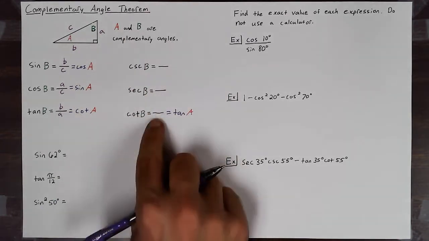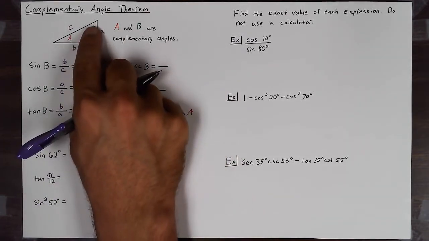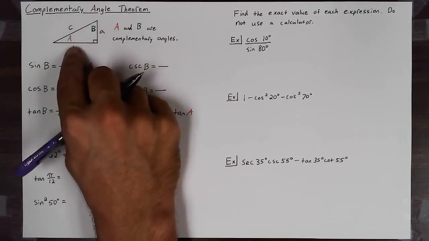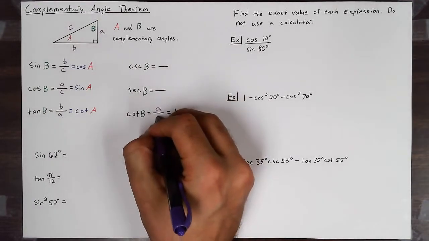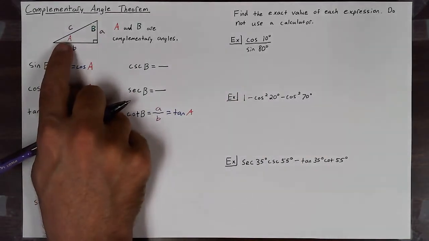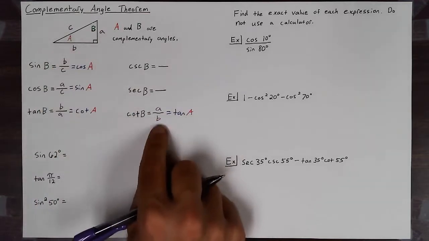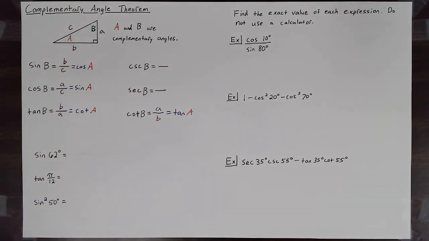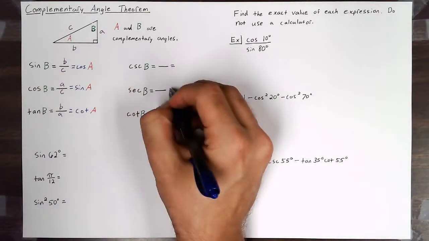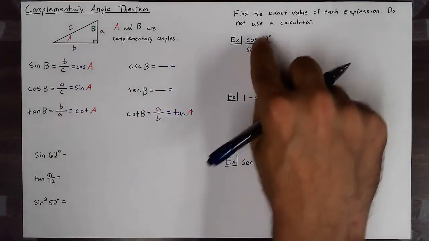And now check out cotangent of B, which I know as adjacent over opposite, so A over B. And then tangent of A would be opposite over adjacent, which would be A over B as well. So it's a really nice fact that we can use to simplify these trig expressions in different ways.